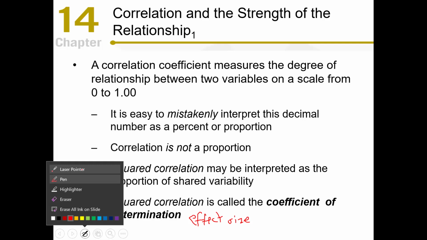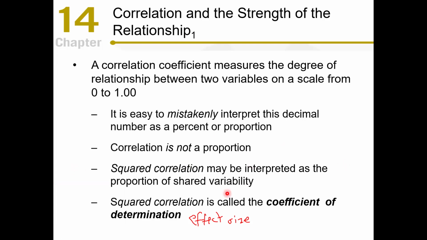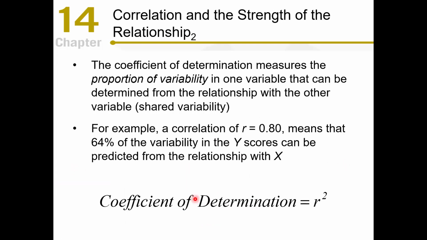So, for instance, if we had a value of 0.8, that is your correlation. For instance, let's say studying, the amount of time you study and the grade that you get in your class, let's say the correlation is 0.8, all right?